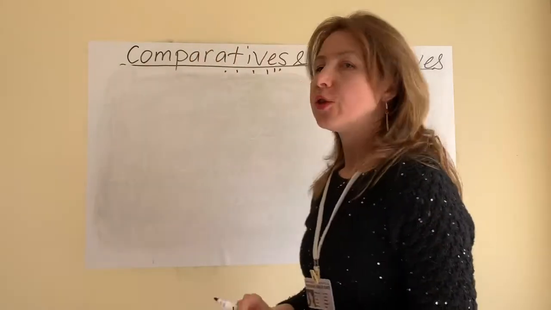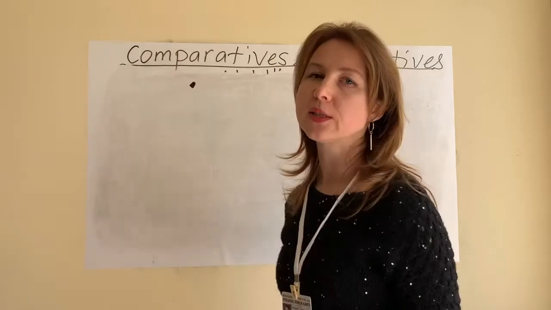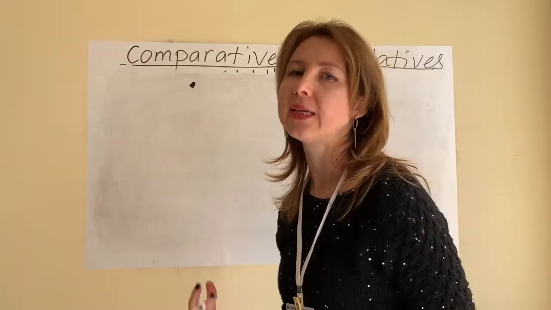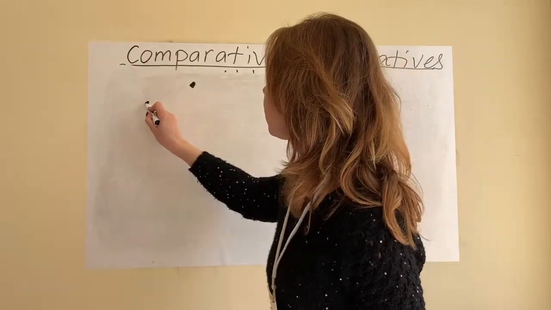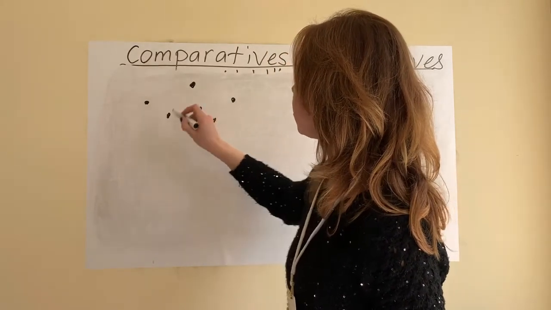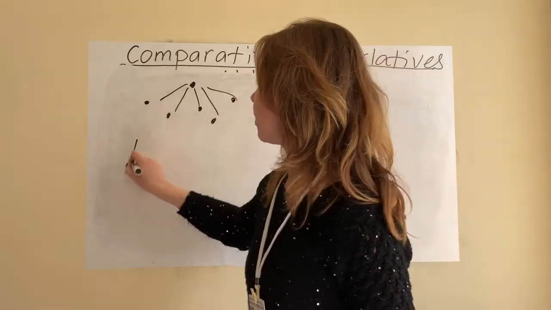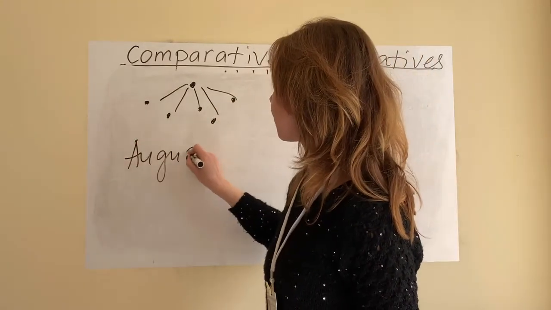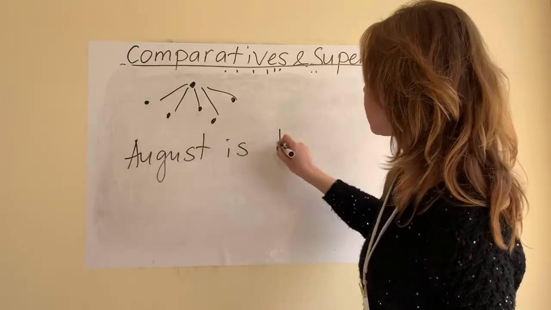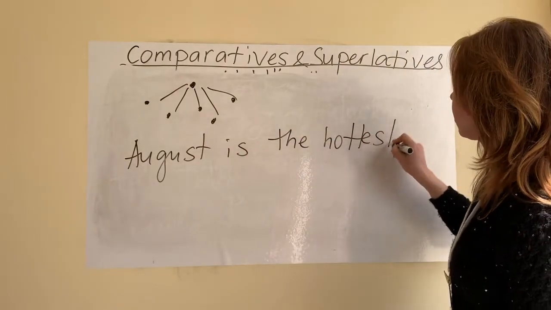So, for superlatives, we take a person, a thing, a place, and compare with all the others from the same group. Yes, something like this. August is the hottest month of the year.